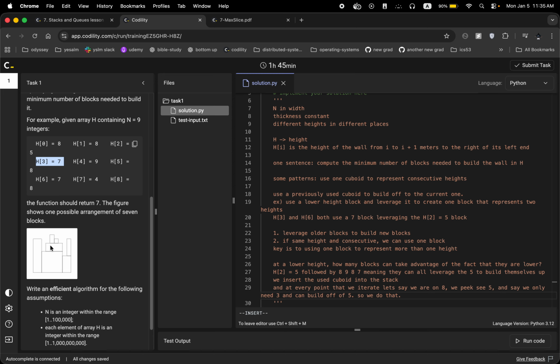We're going to push h3 equals 7. We can't leverage these anymore, so we're going to pop those. It doesn't matter. And we don't need to append another one in here because we've already used it.